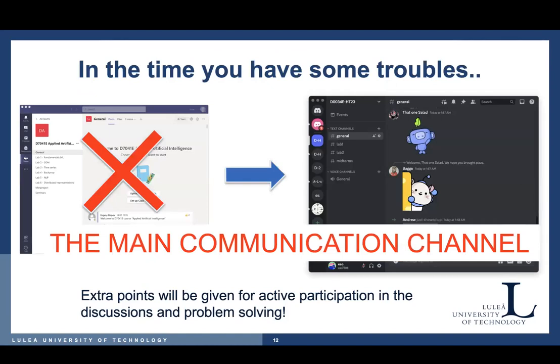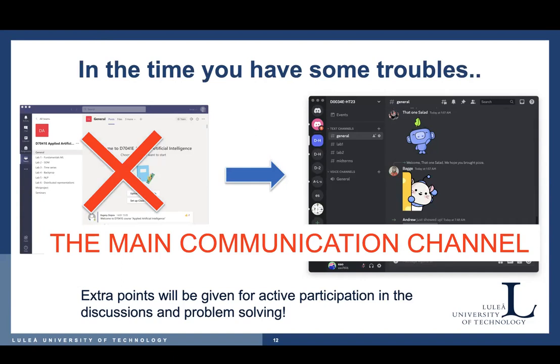All communications within this course happen in Discord. This is the major change, a kind of administrative change in this course compared to last year. After many years of students complaining about Microsoft Teams, I don't know, to me functionally it's all the same, but I decided to upgrade to Discord.